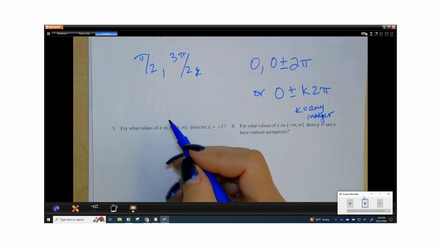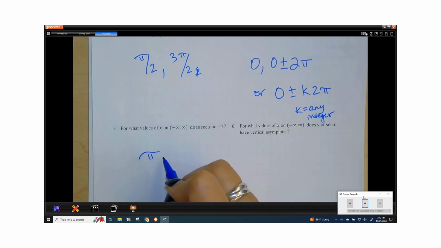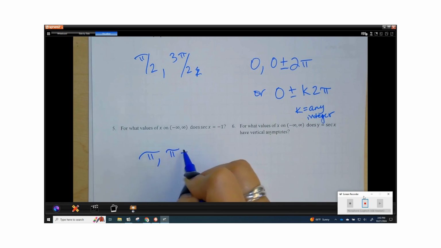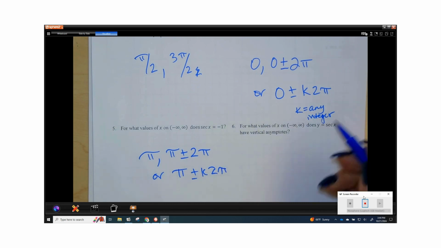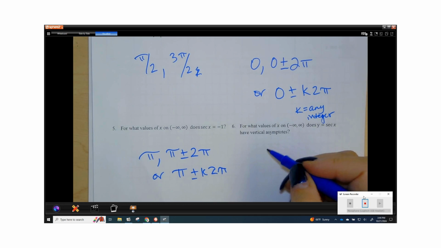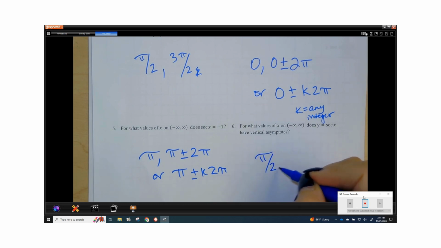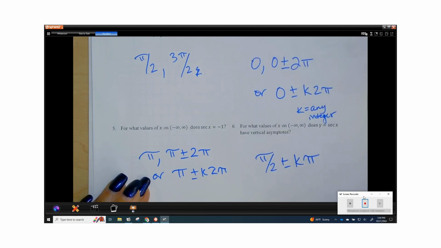At pi, and pi plus or minus 2 pi, or you could say pi plus or minus k 2 pi. Where does it have asymptotes for all of them? Pi over 2 plus or minus pi. Okay, so that is secant.